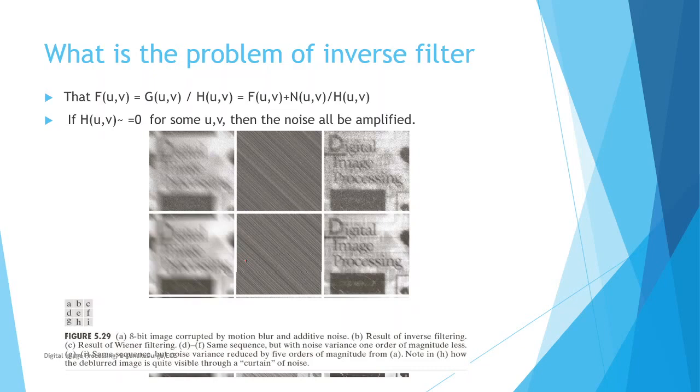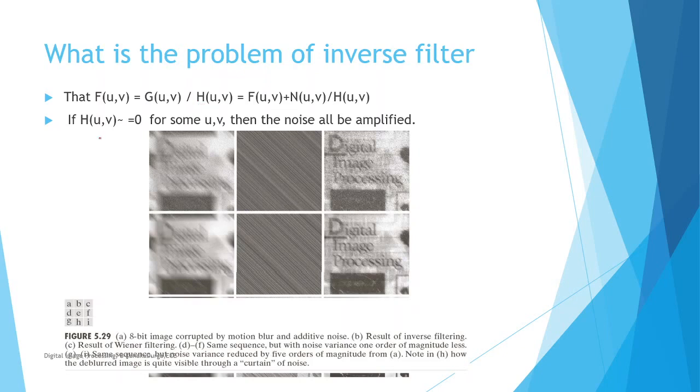Normally, most of the time we will not face the problem, only in certain extreme conditions. Those extreme conditions we are going to discuss. We already derived the mathematical equation for inverse filtering: F of u comma v is equal to G of u comma v divided by H of u comma v. 1 divided by H of u comma v we can represent as Q of u comma v.